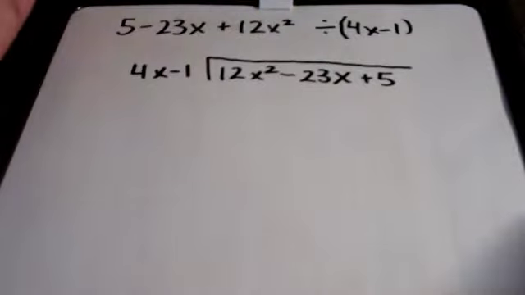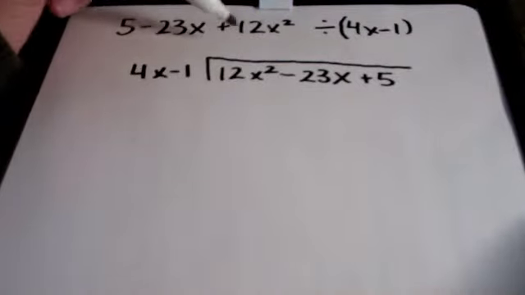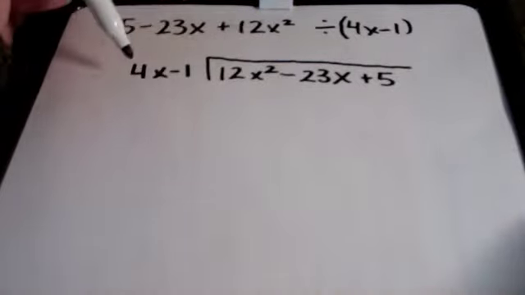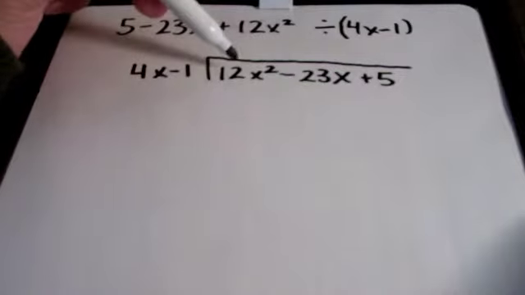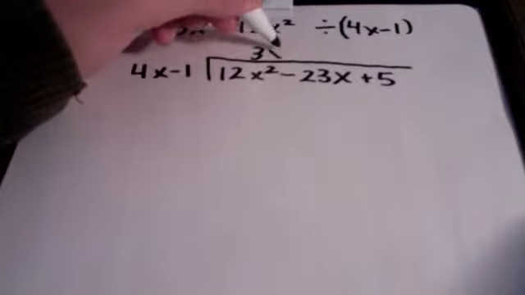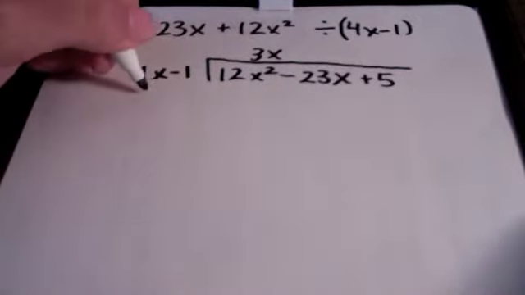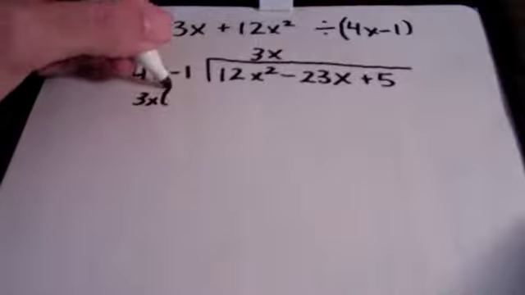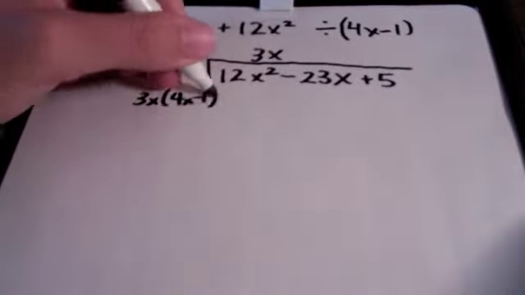Okay, now our first step is to see what can we put into the quotient that multiplied by 4x will give us 12x squared, and that's going to be 3x, so we put that up here. Off to the side we put our 3x and our 4x minus 1.